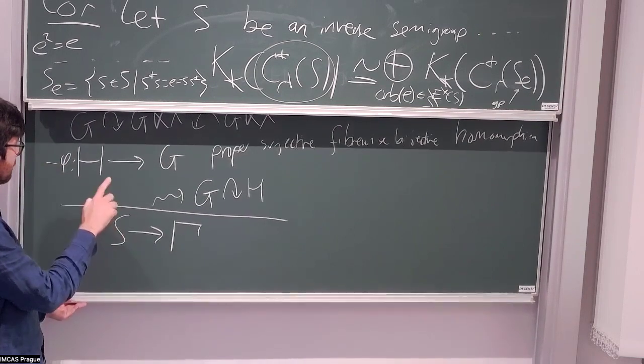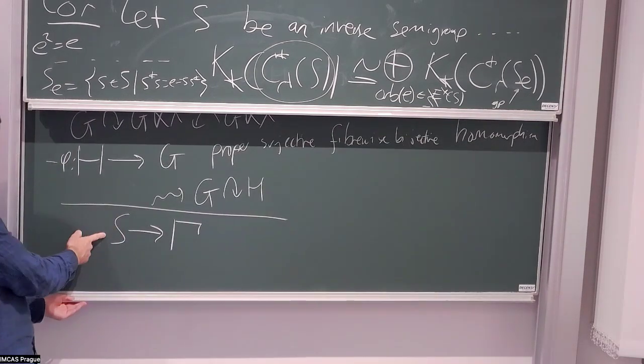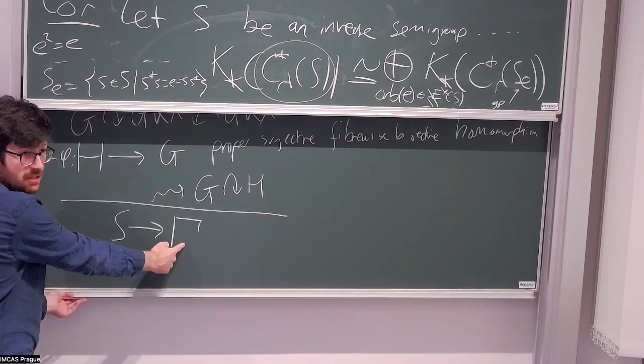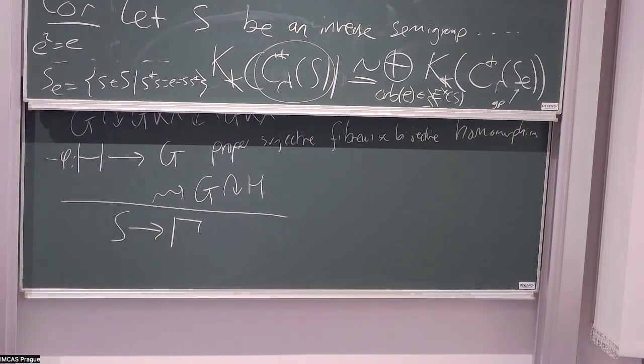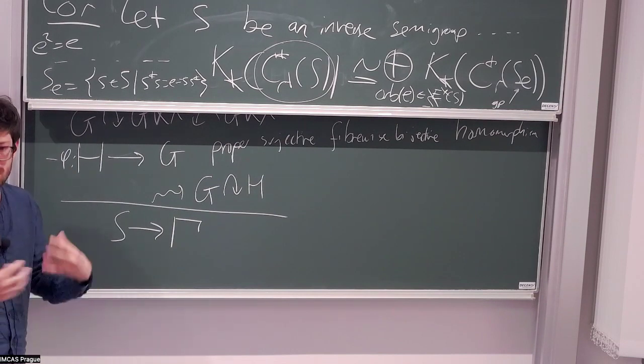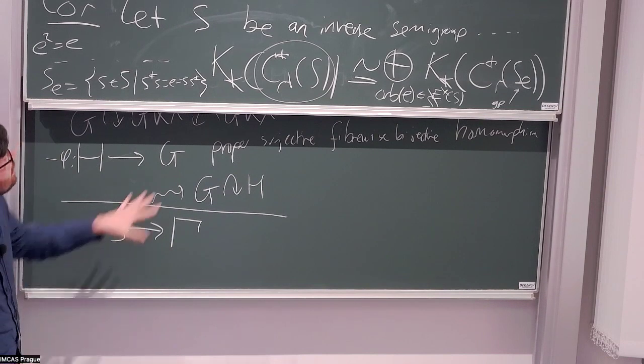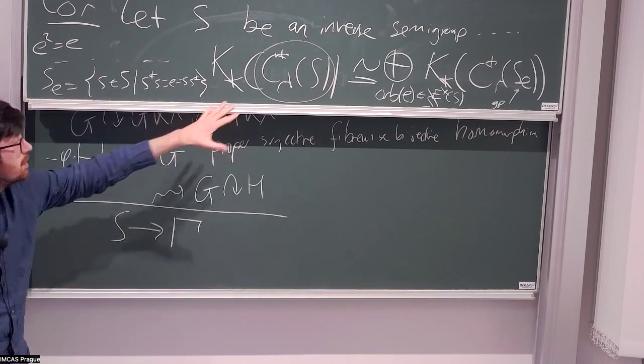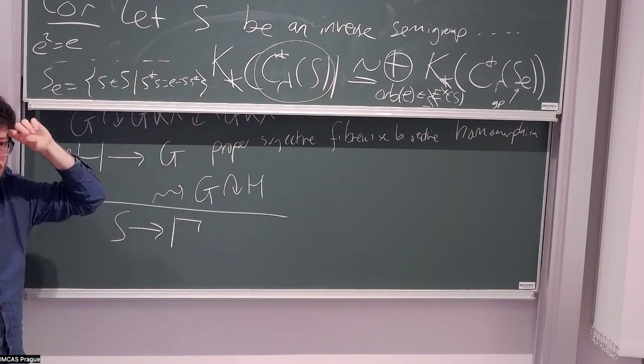So if the inverse semigroup has what's called an idempotent pure partial homomorphism to a group, gamma, let's say, which basically tells you that the dynamics of the inverse semigroup can be controlled and governed by some group, then this formula, with some conditions, is a consequence of a paper by Xin Li.